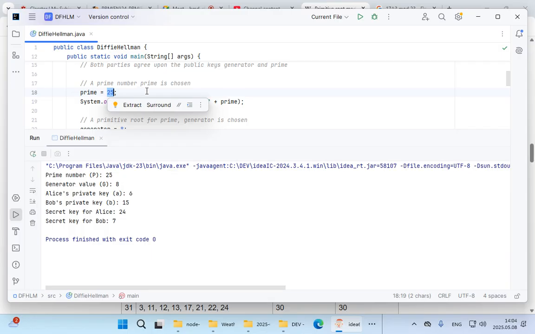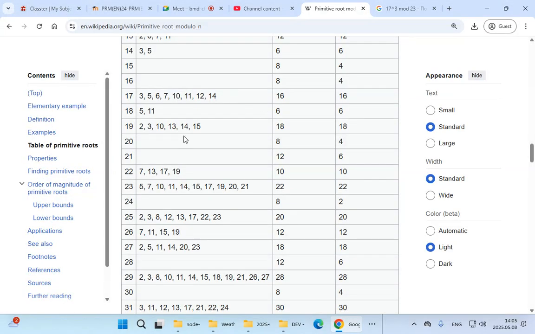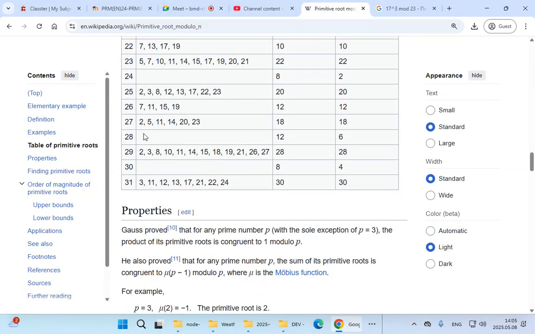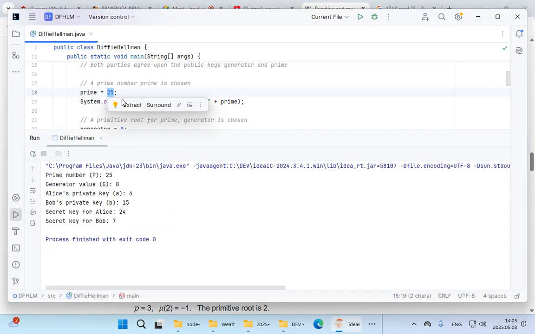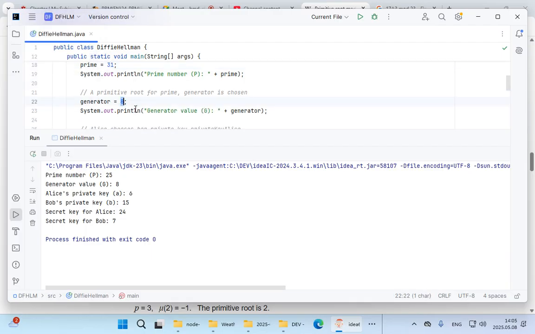We have to choose the prime number also. It's a primitive root, it works, but it's not prime. But it should be prime and a primitive root. So this number is good. If you take any number of this, for example 21 and 31, so here 31, here 21, this shall work. Let us check.